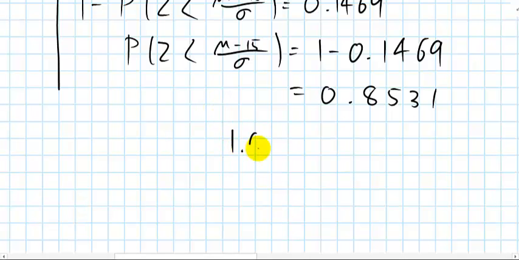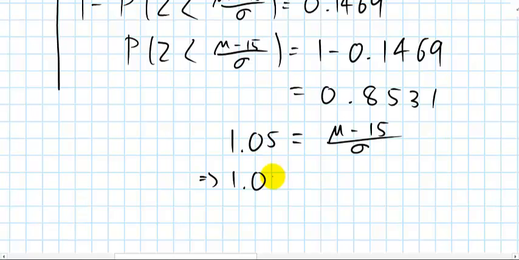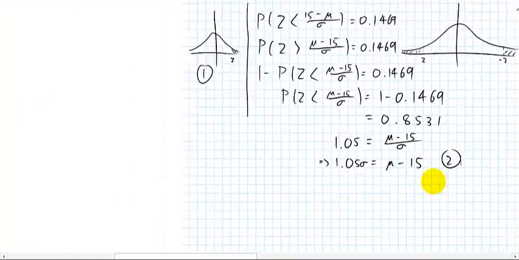So 1.05 is equal to (mu minus 15) over sigma, which means 1.05 sigma is equal to mu minus 15. Here's the second equation.